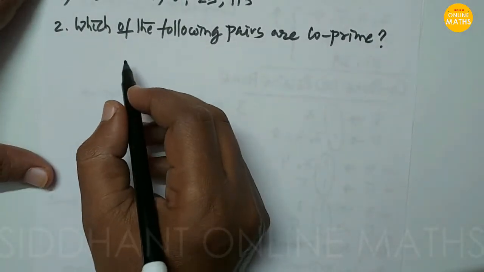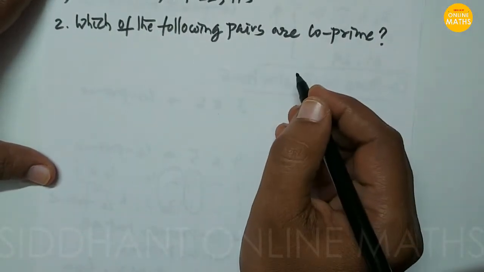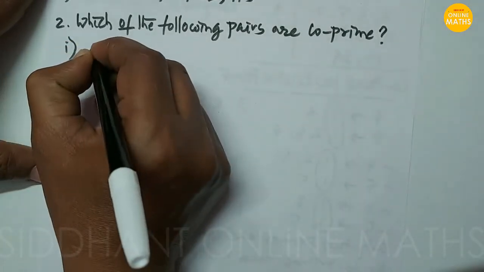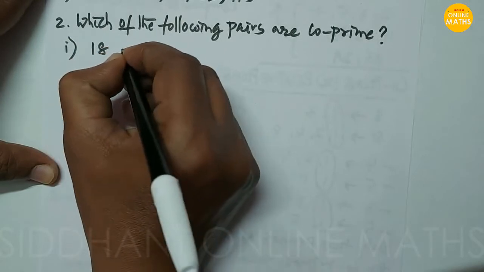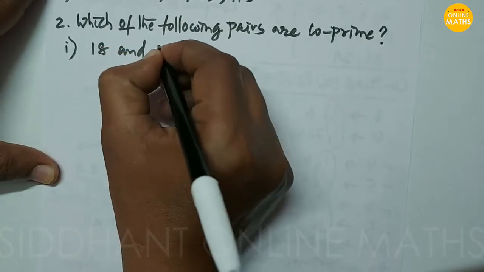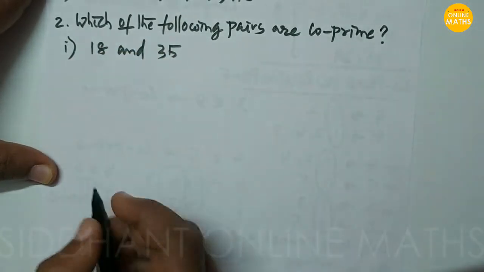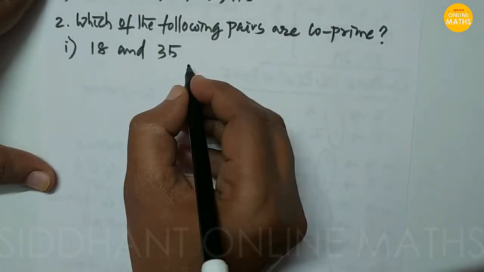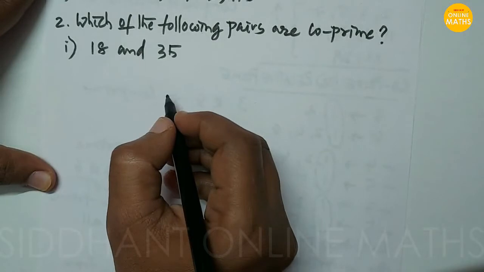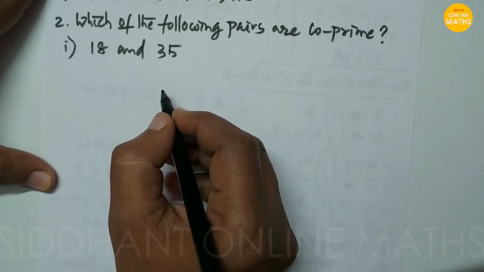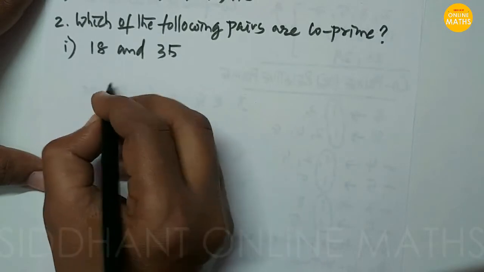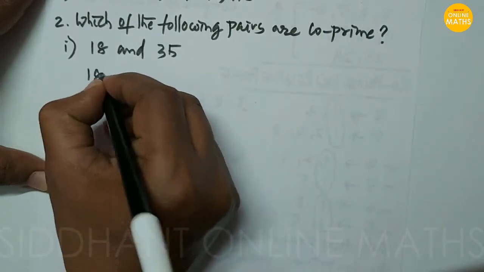Second question: which of the following pairs are co-primes? The first pair is 18 and 35. Here we are going to check the factors of 18 and 35, and then see whether there is any common factor between them.